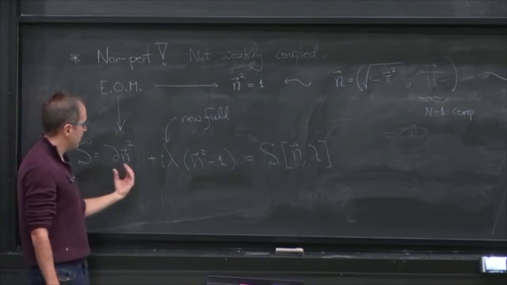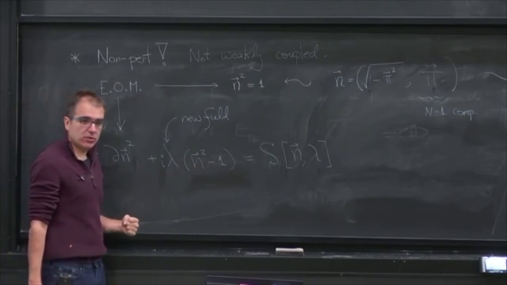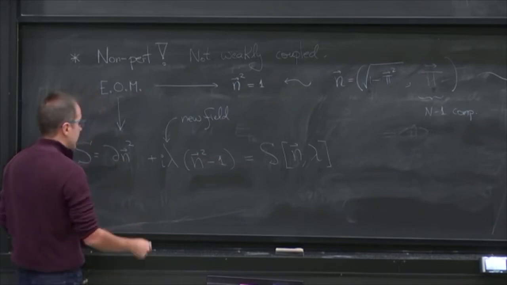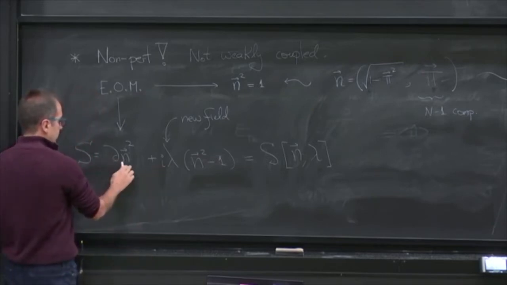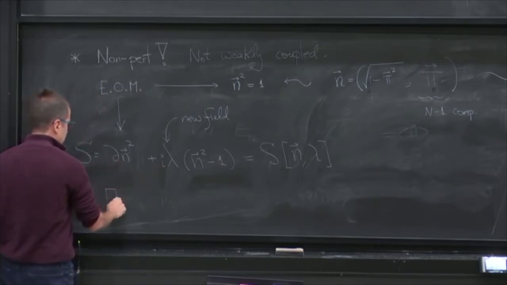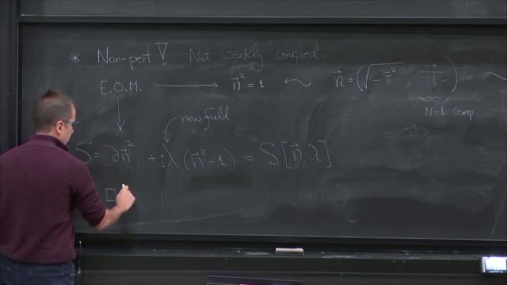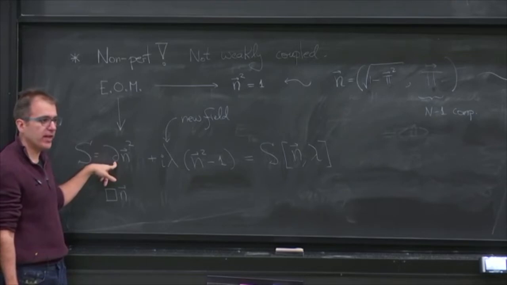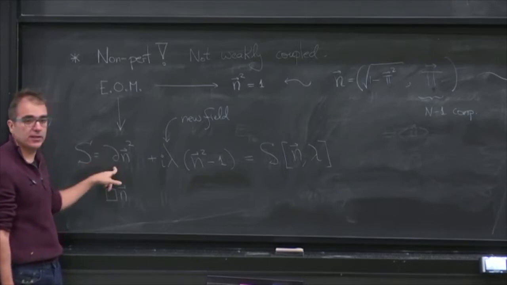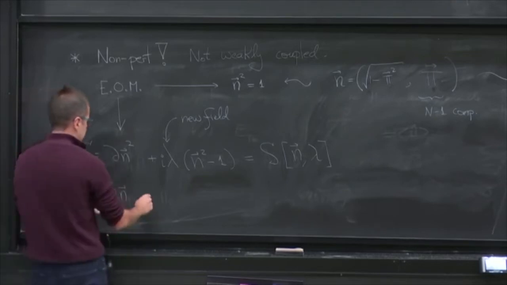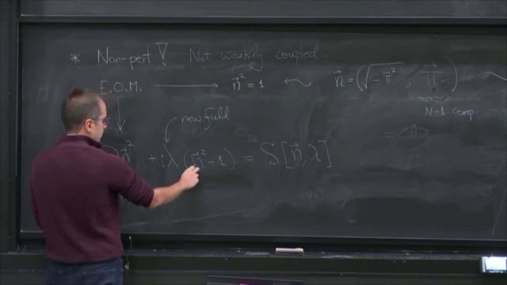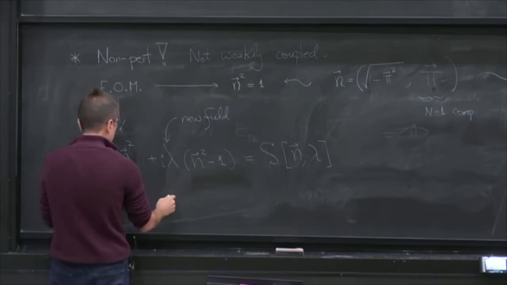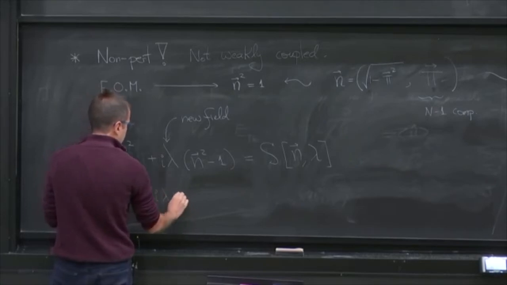Okay, and now our action is an action for the field n and for the field lambda. Now let's write the equations of motion for this. What are the equations of motion? Well, I take the usual Lagrange equations, box of n, right? From here, derivative with respect to mu of del mu of n is box of n. Do you agree? Equal to the derivative with respect to n, which gives me i lambda n.